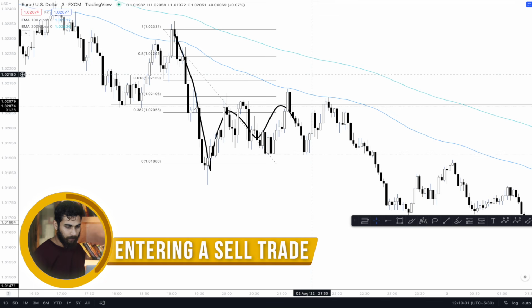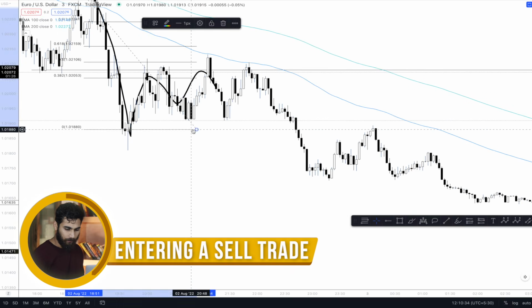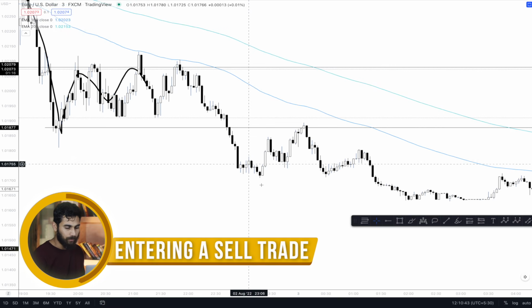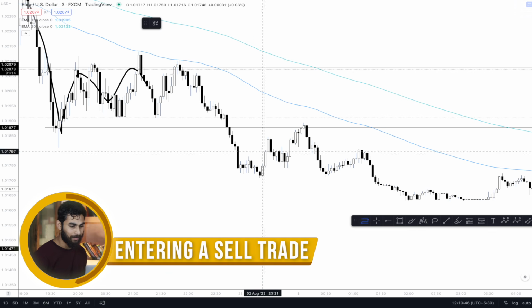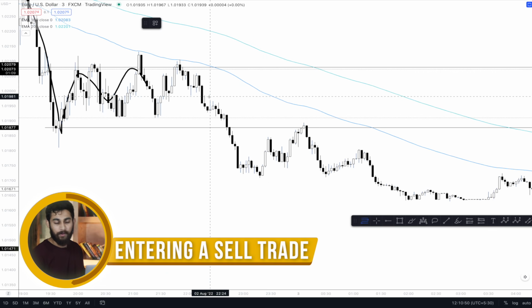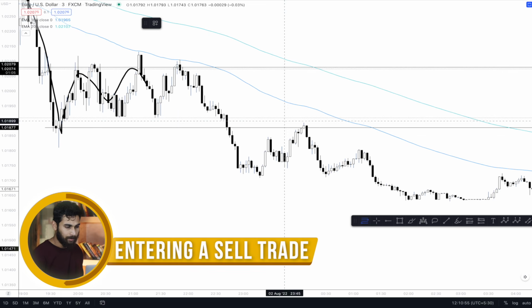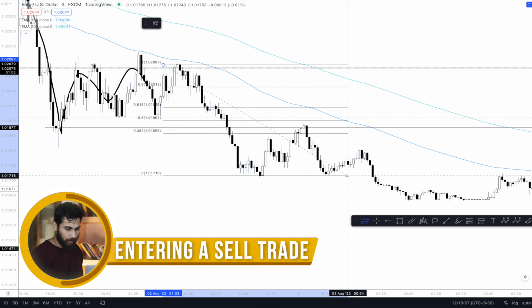Now, again, let us take one more example. If you can see, this was a support, right? Then the price breached it. And now this will act as a resistance. So that was the second step, but I did it first. So this was the first move, right? So the first step was to find a move. So this is the move. Then we have a resistance. Take this Fibonacci tool, draw it like this.